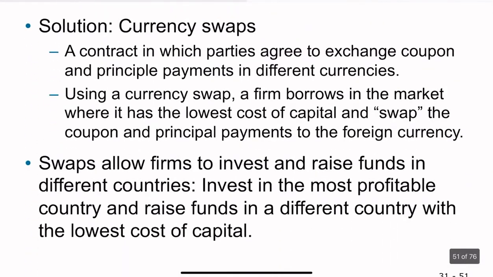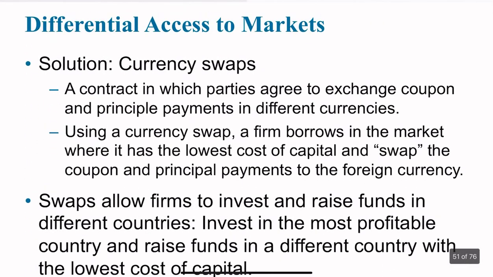So that's the example that the same firm can have different access to different markets in different countries. So what's the solution to this differential access to markets? Well, we can use currency swaps. If you look at this name, it's called swap.